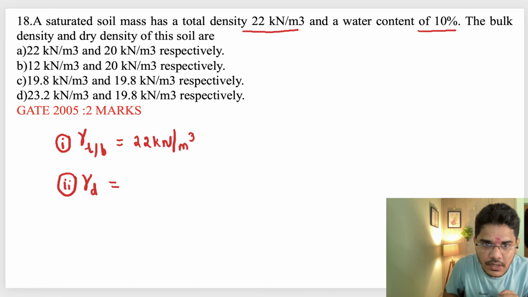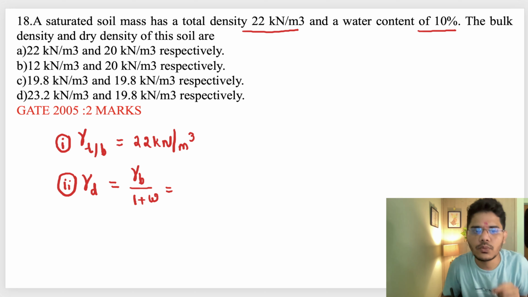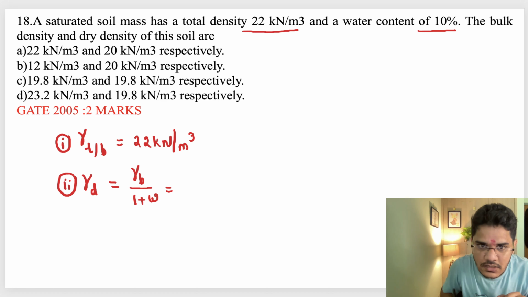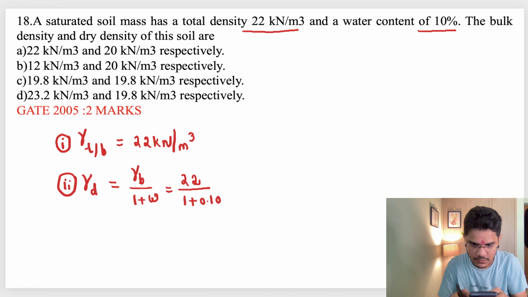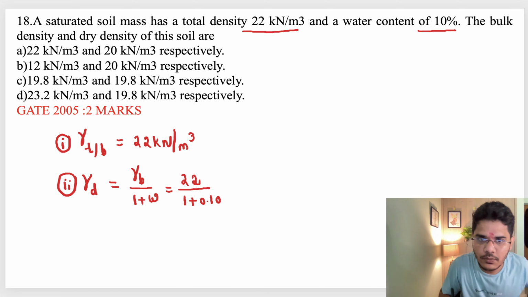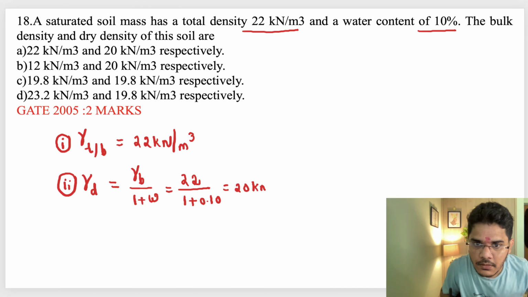That is nothing but, we have the relationship gamma B by 1 plus W. Water content is also given. This is nothing but 22 divided by 1 plus 0.10, so this is 20 kilonewton per meter cube.